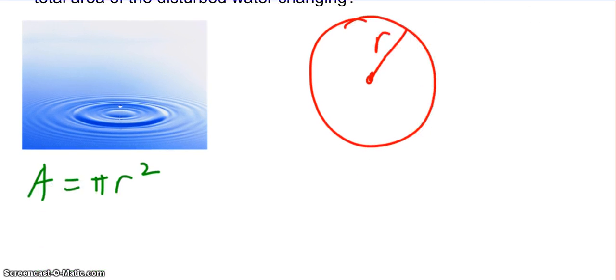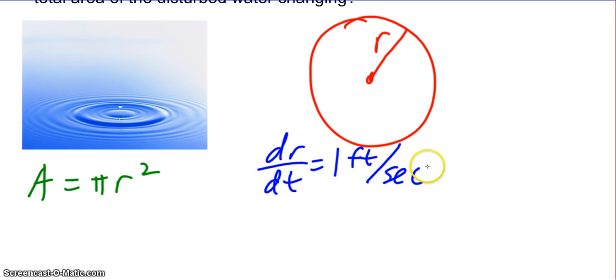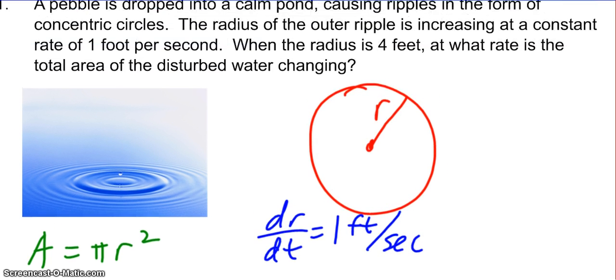So what is increasing? The rate of change of the radius. So I know dr dt is 1 foot per second. It's also important that I put the units in there so I know that everything is in terms of the correct units.